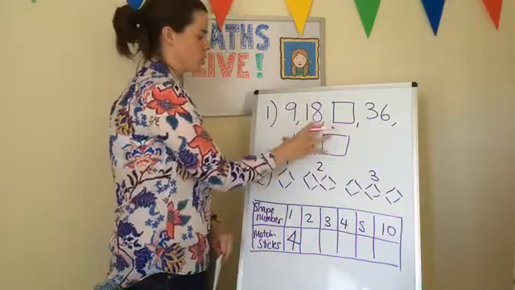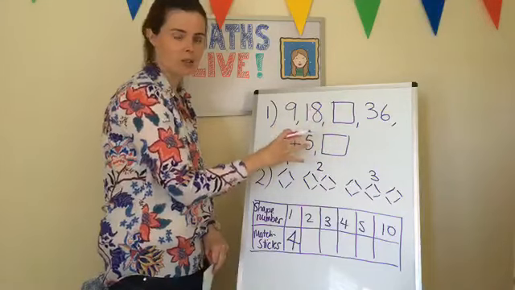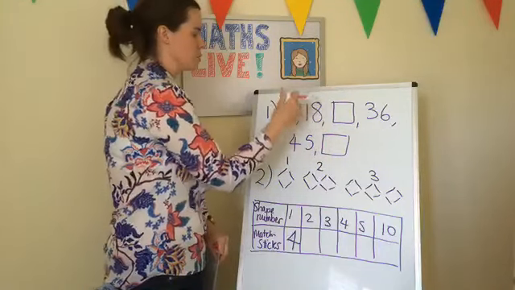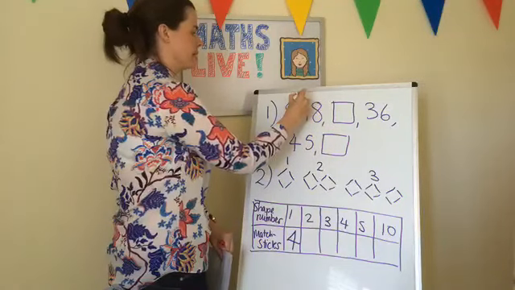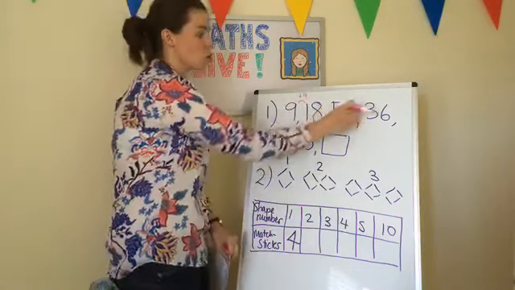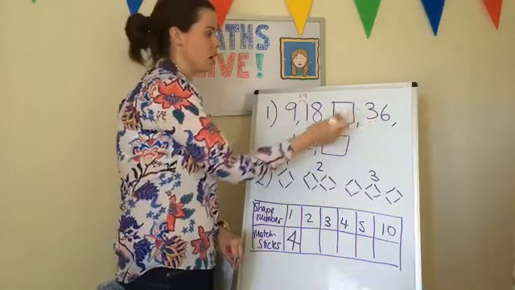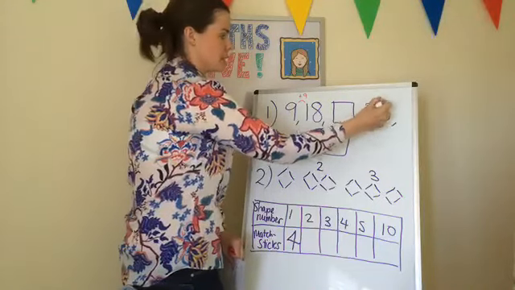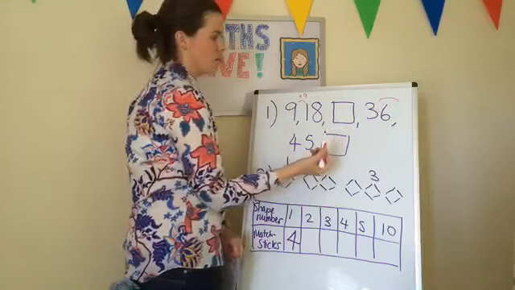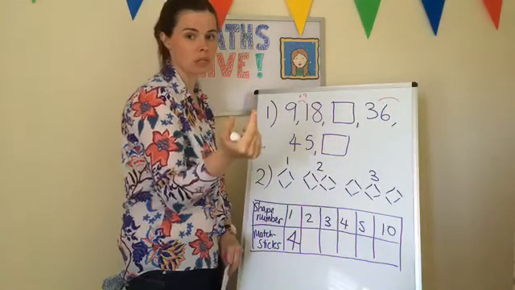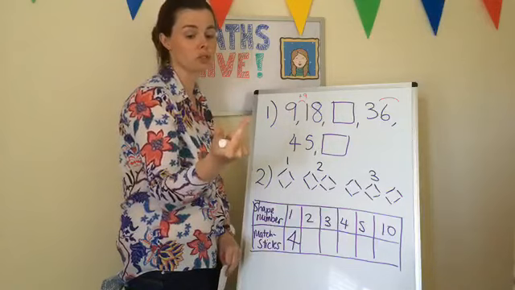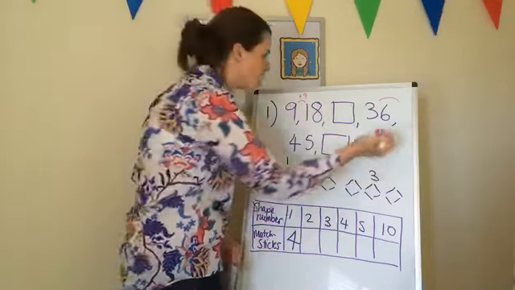The number sequence. So first of all, we need to have a look at it before we try and guess the gaps and see what we can work out. So 9 to 18, the jump from 9 to 18 is 9. There's also another jump we can look at. We can look at what happens to 36 to make it into 45. So 36, 37, 38, 39, 40, 41, 42, 43, 44, 45.